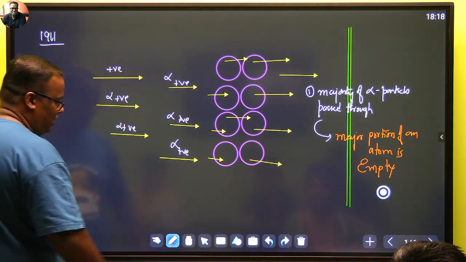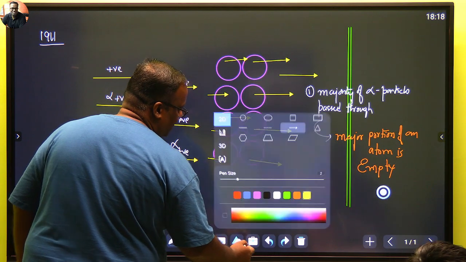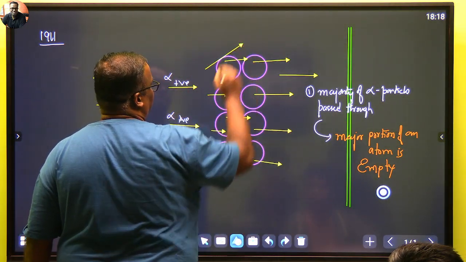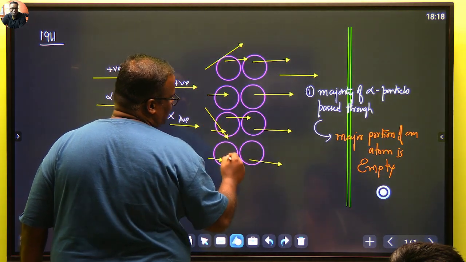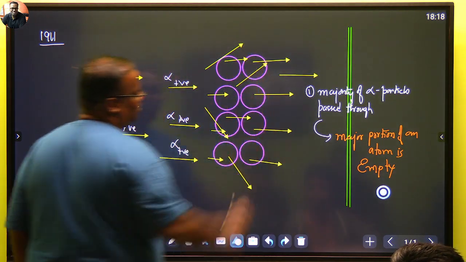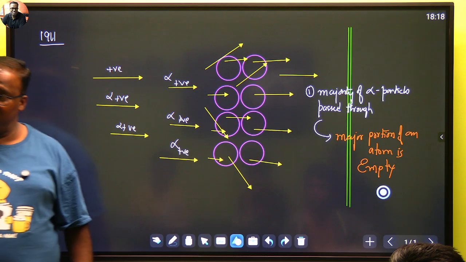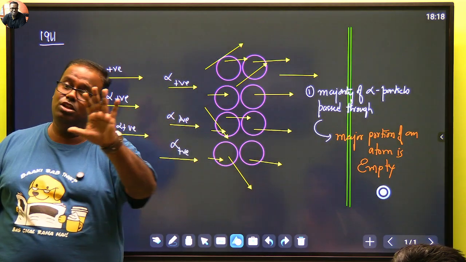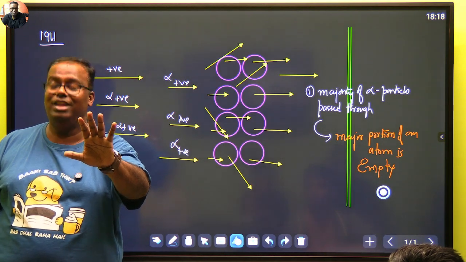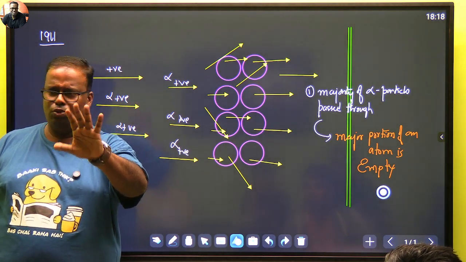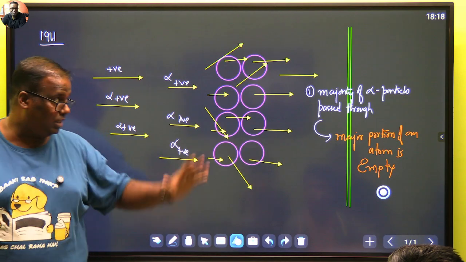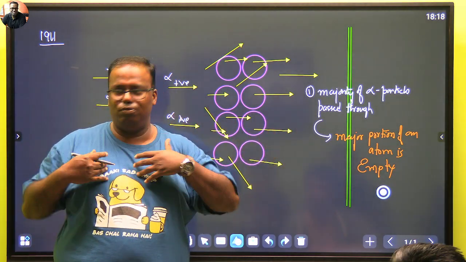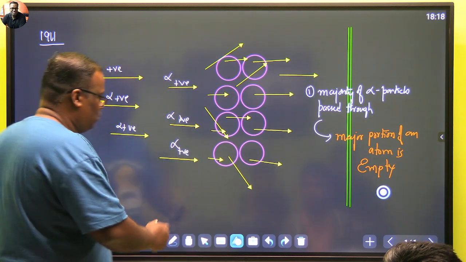Second finding. The second finding said that a few of these particles deviated, which means that there is presence of positive charge in the atom. Mr. Rutherford, you are correct. You said that there are positive charges in the atom, and our findings also find that. So what was our next finding?